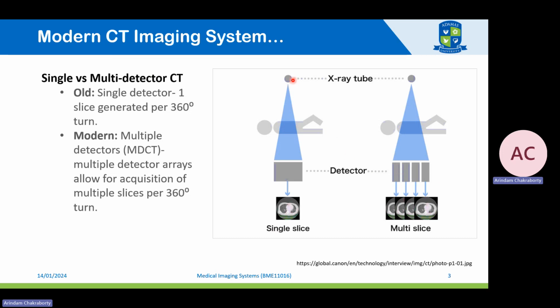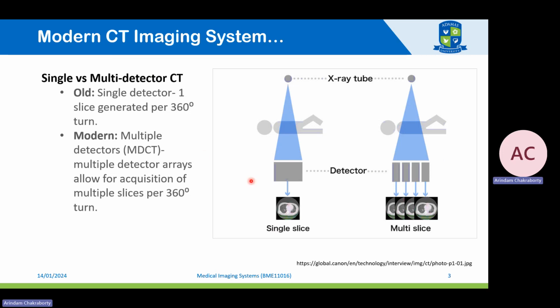Apart from that, the single detector array covers lesser area as compared to the multiple detector based CT scan, which covers a larger area, because now the fan beam is much wider, as well as the number of detectors that are present spans across a larger area.